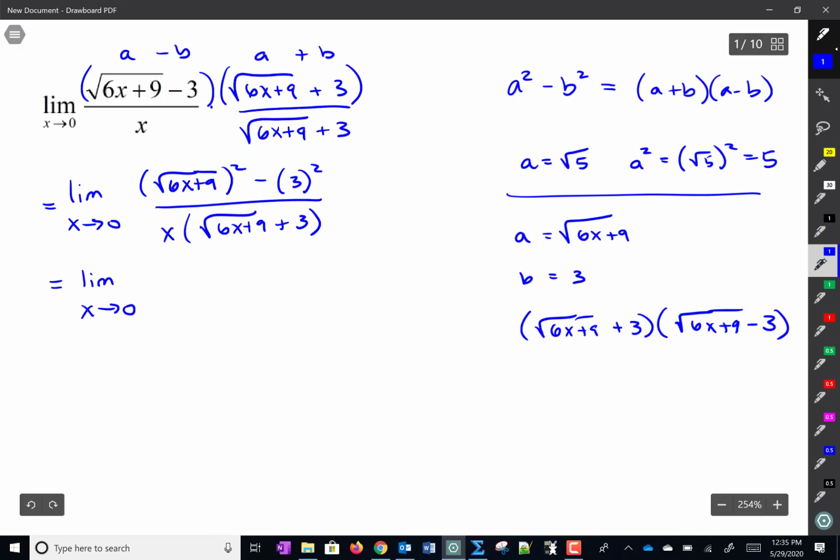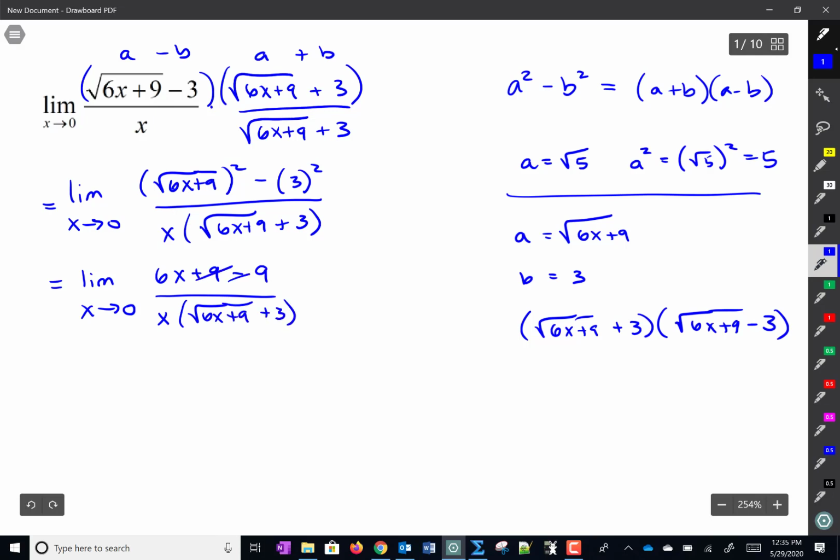when I square a square root, that square root just disappears. These are inverse operations. 3 squared is 9, and the denominator stays the same.